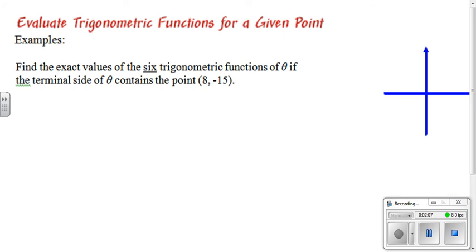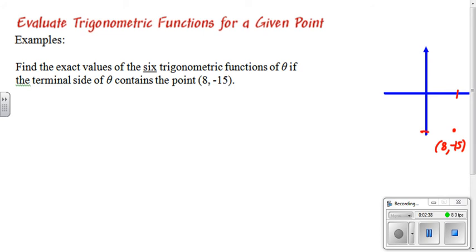Obviously, the first thing we need to do is find where the point is. So if we're looking for the 6 trigonometric functions of theta, if the terminal side of theta contains the point 8, negative 15, so 8 is our x coordinate, so we go across 8 to about, say, here. Negative 15 is about there, so our point is here. We'd say that's at the point 8, negative 15.